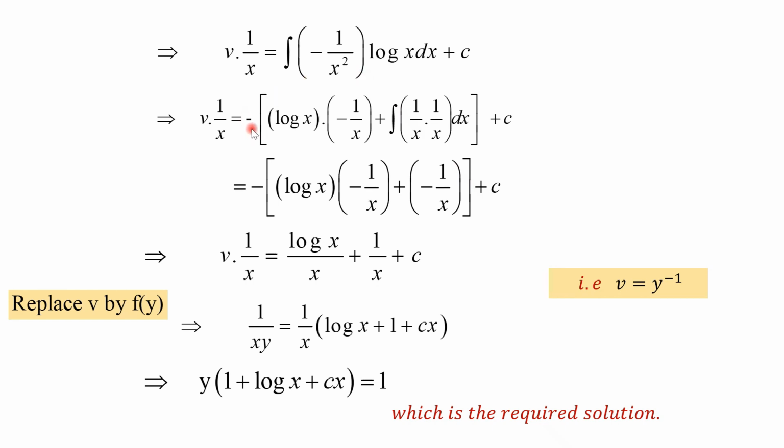On integration we get minus log x into minus 1 by x plus integration of 1 by x, integrating with respect to dx, plus c. Thus we get log x minus 1 by x plus integration of 1 by x square is minus 1 by x plus c. Take this minus inside, we get log x by x plus 1 by x plus c.